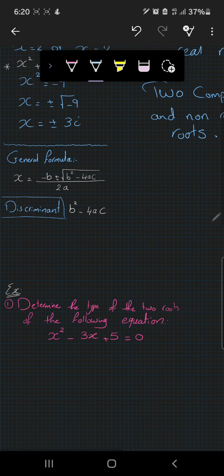Okay, first get the discriminant of the equation. If the discriminant is positive, or greater than 0, we have two different roots. If the discriminant equals 0, we have two equal roots.